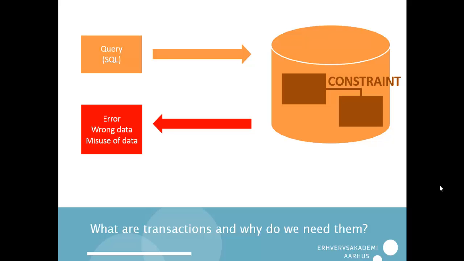Usually we see transactions in large systems, for example in banking systems, where it's necessary to trust the transactions. So if we want to transfer money from one account to another, we want to make sure that there is actually an account we can transfer to. And if there isn't an account, then we have to roll back the transaction.